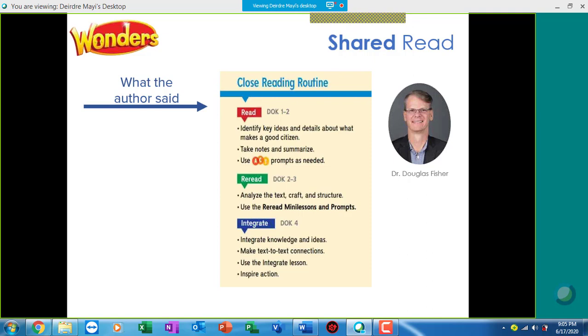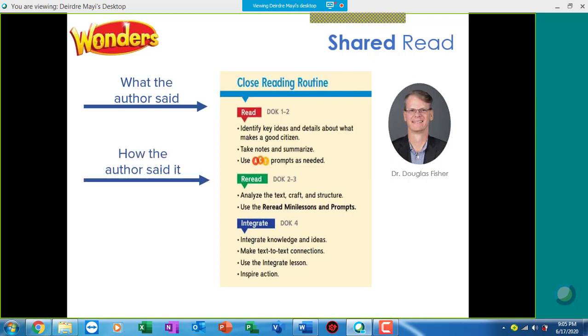Now, we do want them to identify, in this case, key ideas and details about what makes a good citizen. We understand that some students might take notes or summarize, but we also understand that there may be some difficulties that students will encounter as they read. And that's when that ACT, Accessing Complex Text feature, is going to be used, okay?